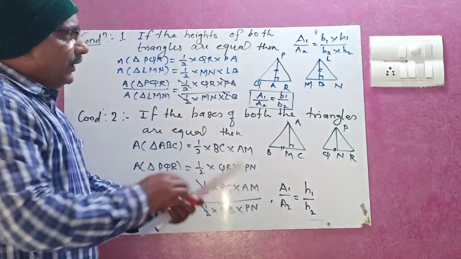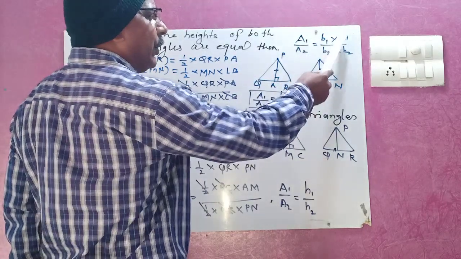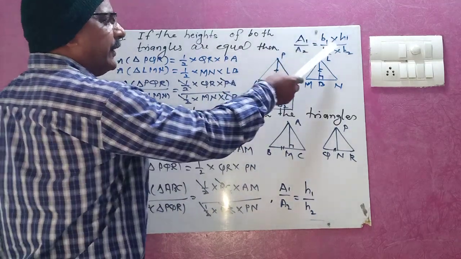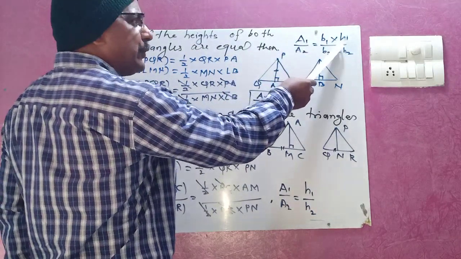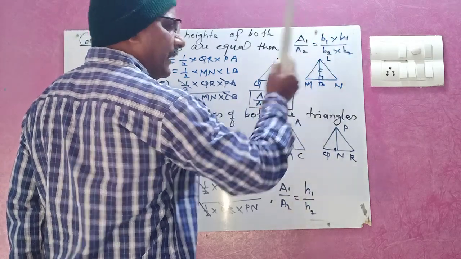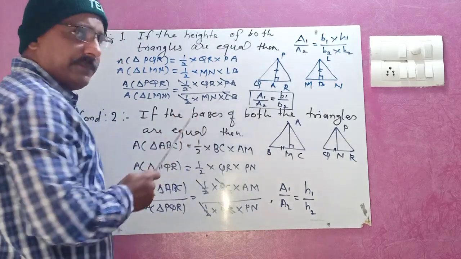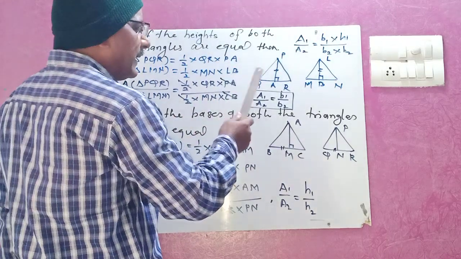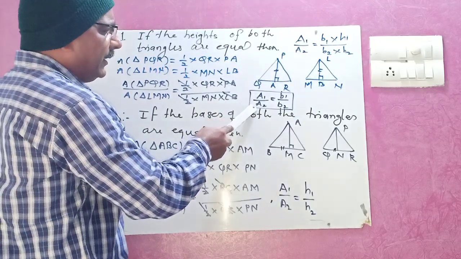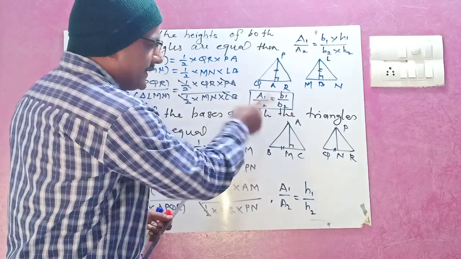So children, here in the first case neither base nor height are equal. So the ratio between two areas is equal to the ratio of the products of the corresponding bases and heights. Second case, when two triangles have equal height, then the ratio of the areas is equal to the ratio of the corresponding bases.